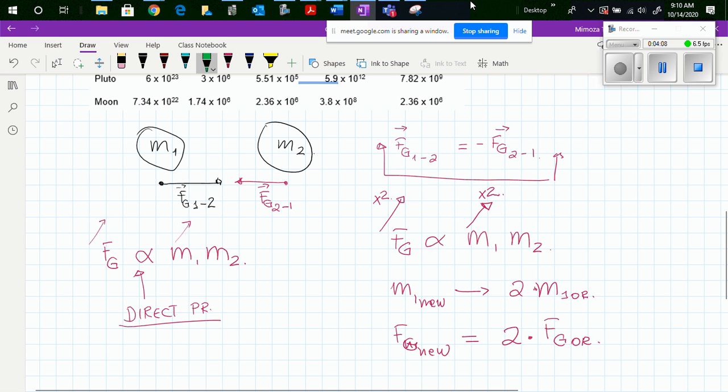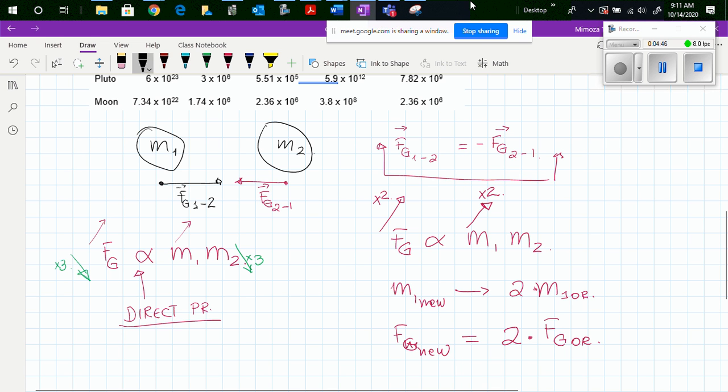And on the other hand, if we are decreasing either mass 1 or mass 2, it doesn't really matter, by a factor of 3, then by the same factor the force of gravity will decrease. So if you make mass 2 one third of the original mass 2, then the force of gravity that those two objects are experiencing now will be decreased by a factor of 3. So it will be 1/3 of the original.